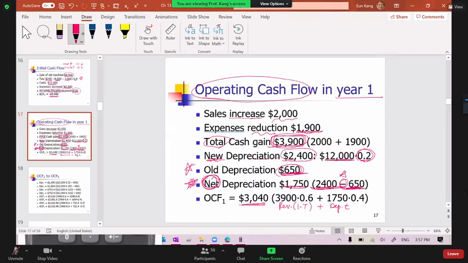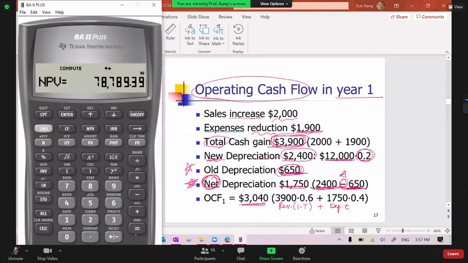Professor, so 3,040 is... I'm trying to figure out how to calculate that. Well, since you ask, let's just calculate. 3,900 times 0.6 equals 2,340.